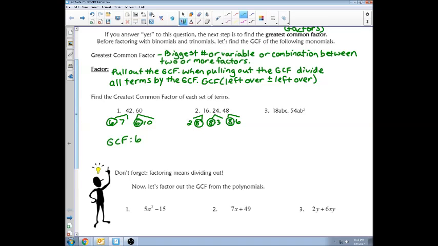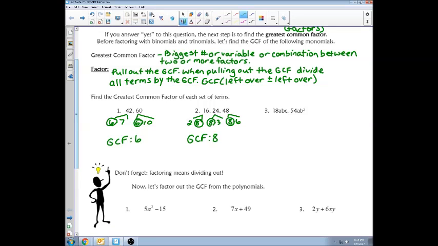I only want to use the common term if it's common all the way through. So I could break 6 up into 2 and 3, and that would share with this 6 and this 2. The 2 would be shared. The 6 could be shared with the 3 as well. But since it's not shared in all 3 of the numbers, I will not consider that as part of my GCF. So my GCF between all 3 numbers is going to be 8. Okay.